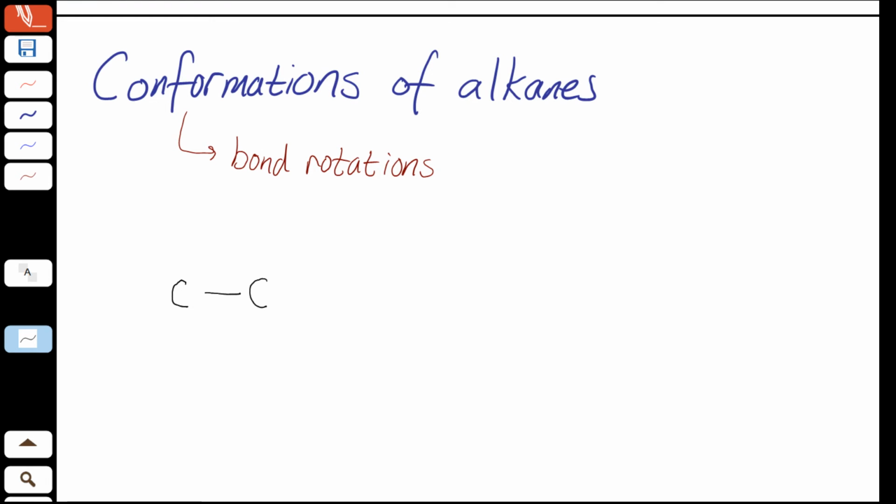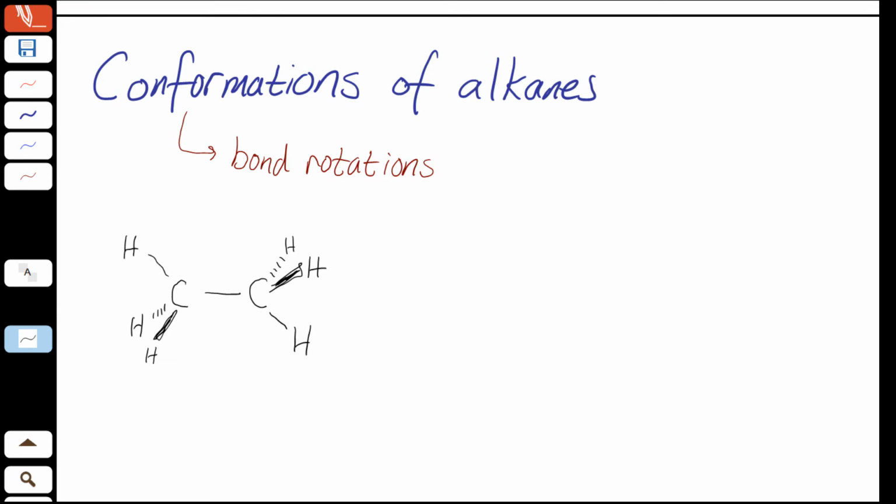Kind of look at it on the side. And then what I'm seeing here is there's a hydrogen that's in the plane on each side, and they're opposite each other. And then there's one on a dash and one on a wedge on each side, and they're kind of opposite each other too. So like that and like that.